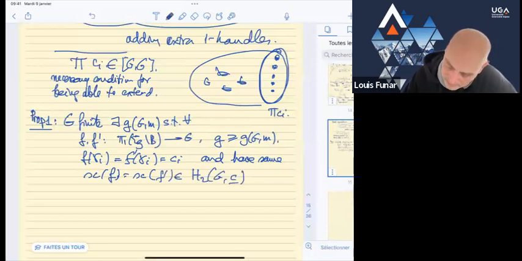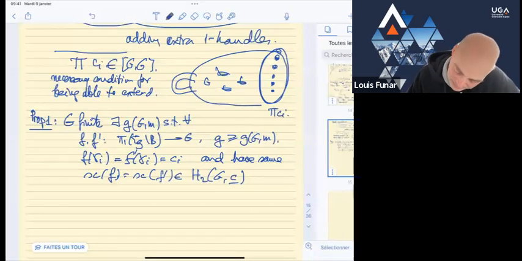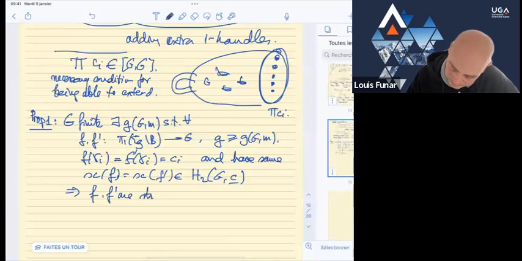Then, you know, there is a way to add handles here in order to identify the classes of gamma i, which are on the smaller surface, to classes on the higher surface. So these are just more subtleties. Then F and F prime are equivalent, are stably equivalent.